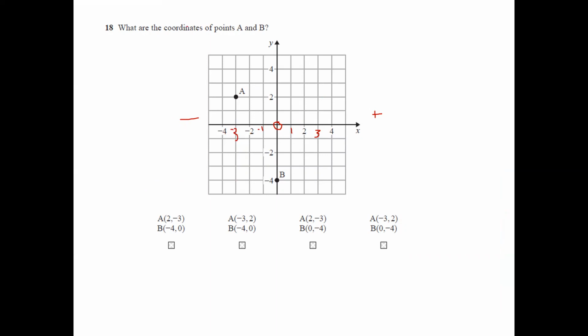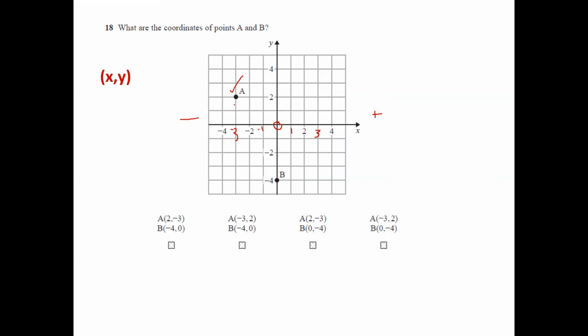Now, first we'll see how we can write a coordinate. When you write a coordinate, first you have to write x, then you have to write y. In alphabetical order also, we know first comes X, then comes Y. So when you write a coordinate, you have to write the X value first, then the Y value. So first we'll see the coordinate of A, right?